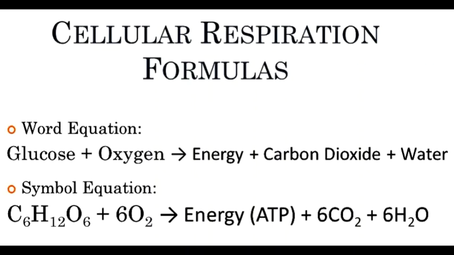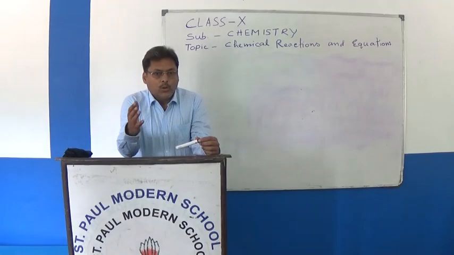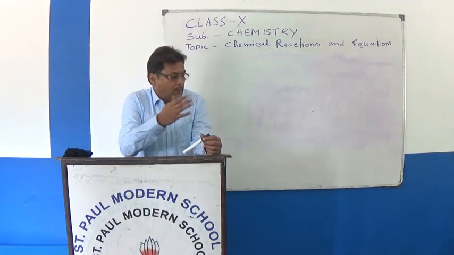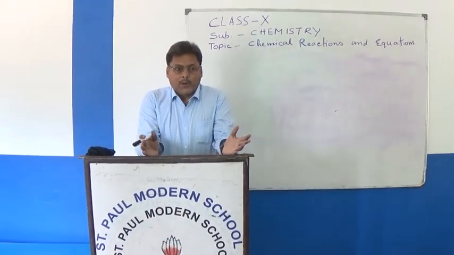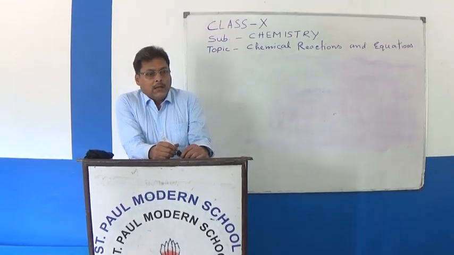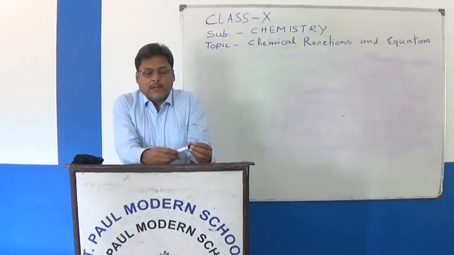It breaks down glucose by burning it with oxygen in our cells and releases energy with carbon dioxide and water. All are examples of chemical changes. So, if up to this you are sure that you have got it properly, let's come to the next point.